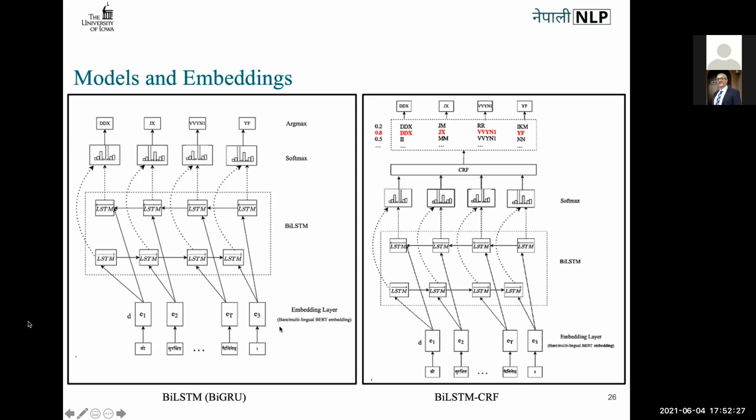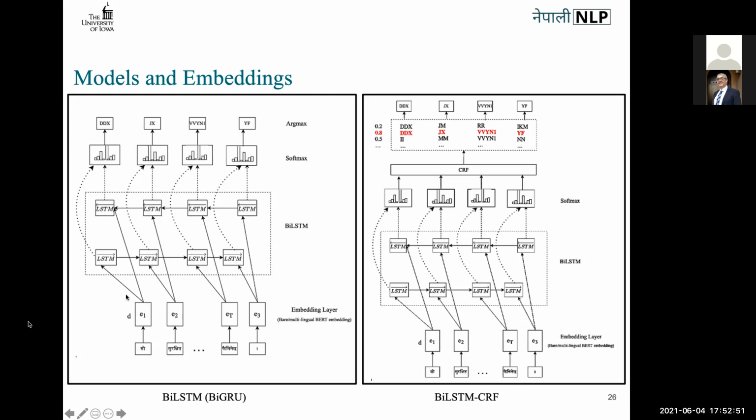In our case, we tried two kinds of embedding. One is bare embedding, where the weights of these tokens are initialized randomly and trained during the training process. The next one is the multilingual BERT embedding, because we want to see how well it performs. For bare embedding, we use a dimension of 300, and for multilingual, it's a pretty standard one, 784.